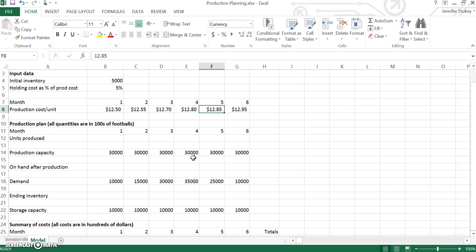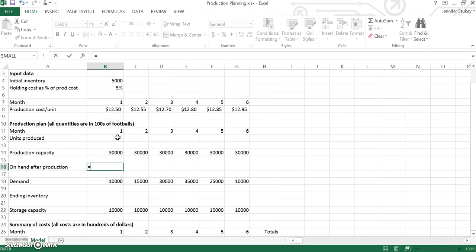So the first thing that we need to do is put in the right equation so that we can put in our constraints correctly. What we have on hand after production is going to be the sum of what units were produced in that month and the units that were stored for that month.